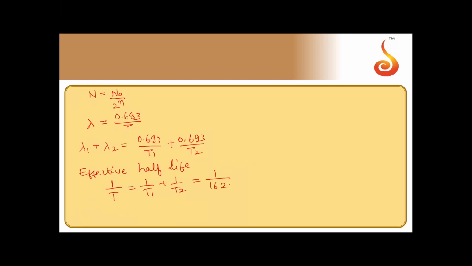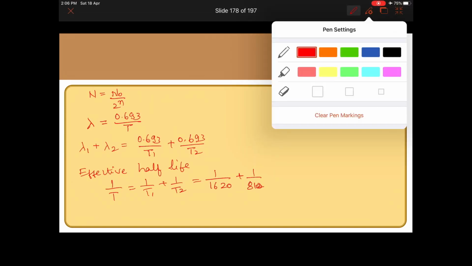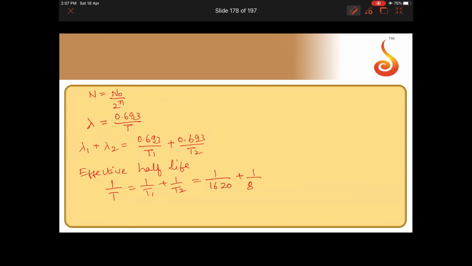For the first sample they have given 1620 years, for the second one it is 810 years. Now 1 by T is equal to 1 by 1620 plus 1 by 810, which gives you 1 plus 2, that is 3 over 1620. So T is equal to 540 years, which is the effective half-life.